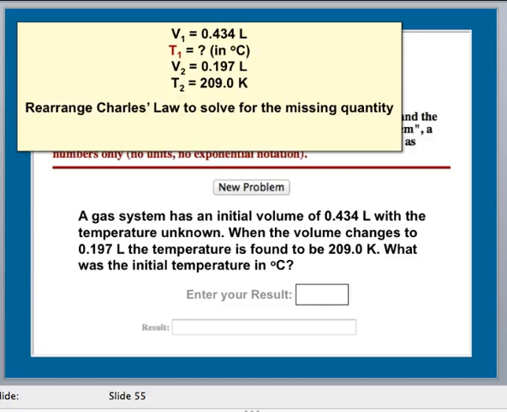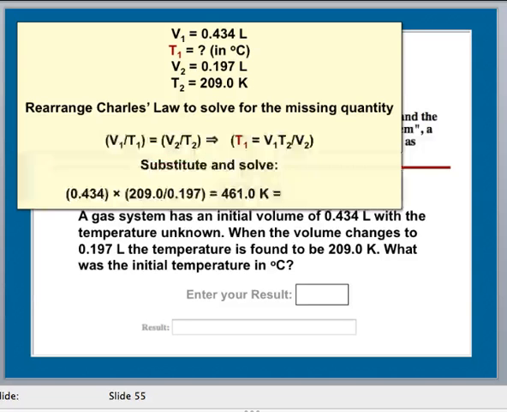All right, we're going to rearrange Charles' Law again and solve it now for T1. T1 is equal to V1 T2 divided by V2. If you have trouble with the algebra here, just practice it a few times. It's just simply cross-multiplying, pick out the variable you want.